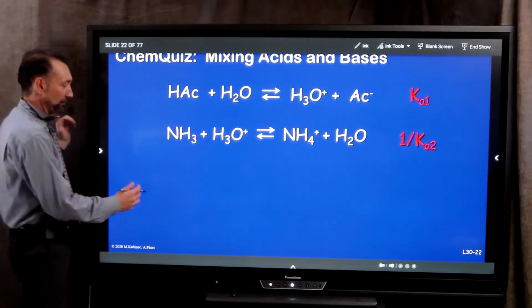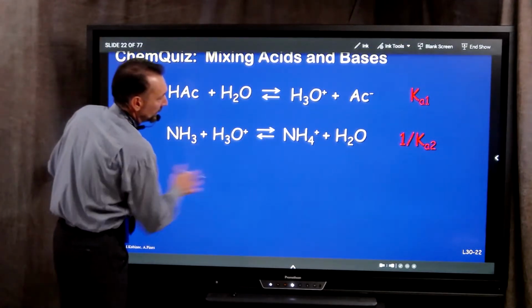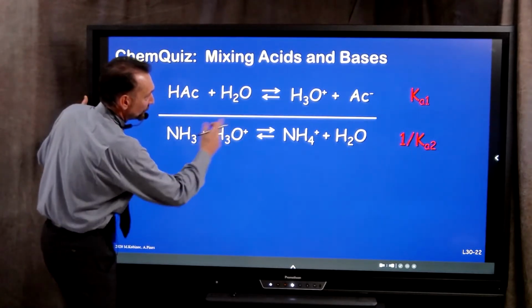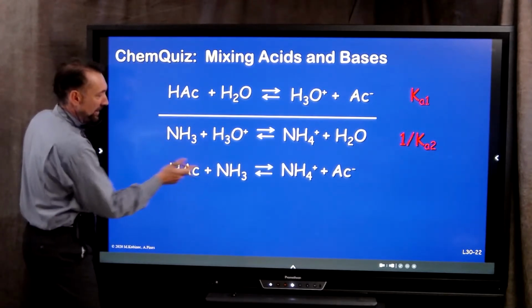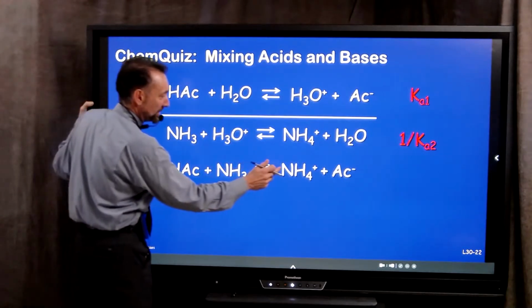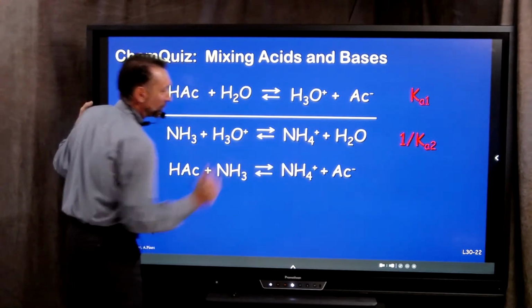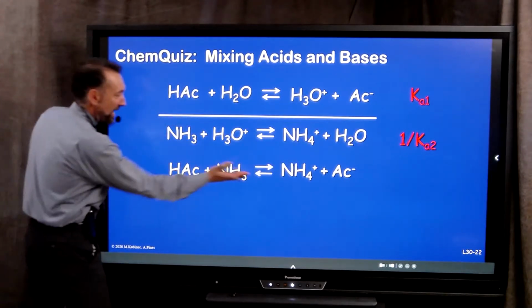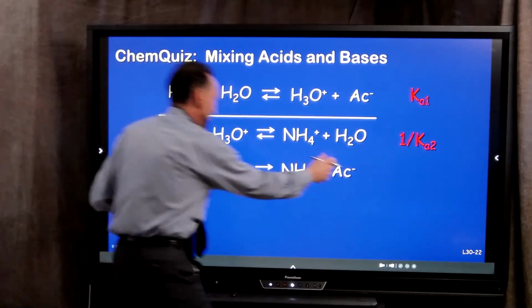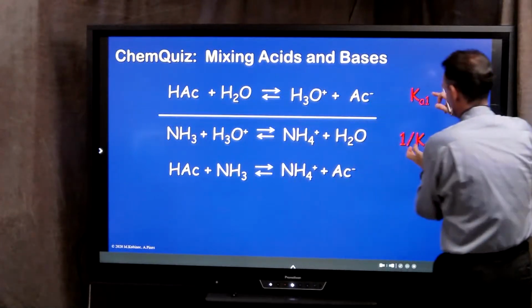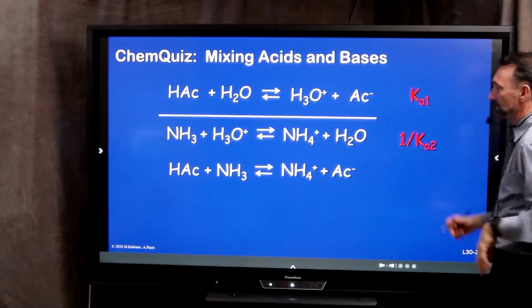I'm going to add those two. So when I add those two together, I get the reaction I'm interested in, HAc plus NH3 goes to NH4 plus plus Ac minus. That is the weak acid with the weak base. I can get the K for that. The sum of those two is the product of those two.